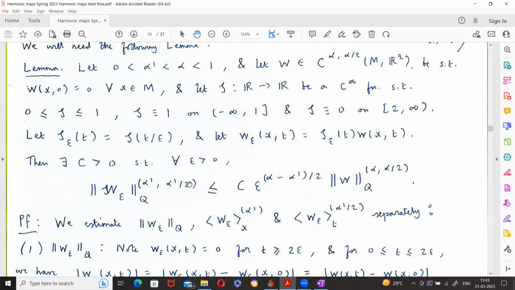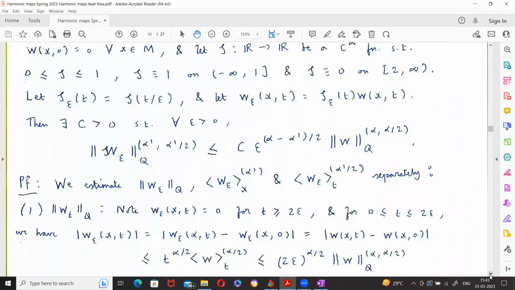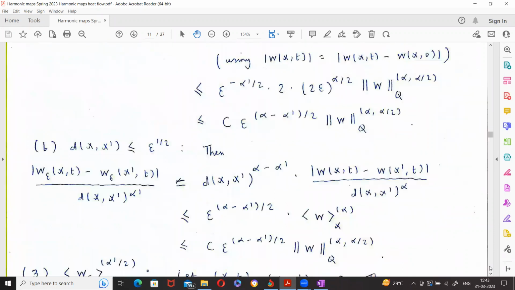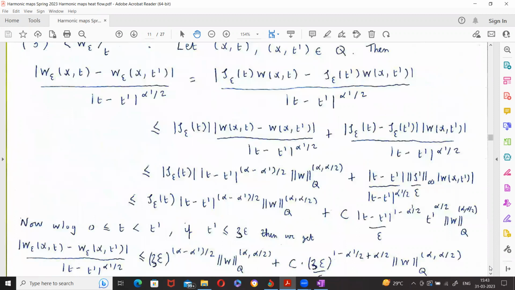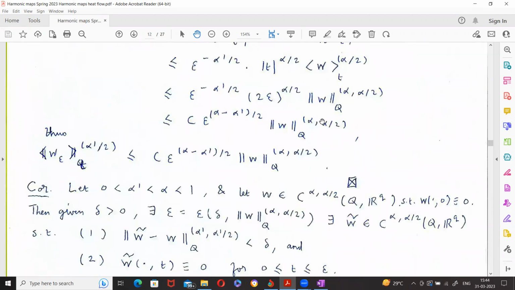And then the point is that as epsilon tends to 0, the alpha prime comma alpha prime by 2 norm becomes very small. The proof is straightforward, very elementary. It's a bit long, but it's elementary.